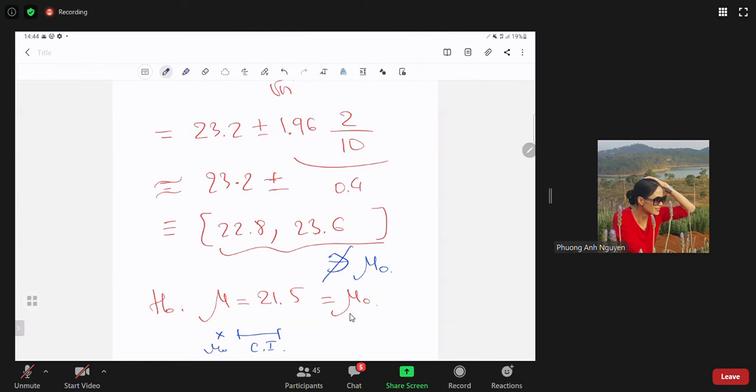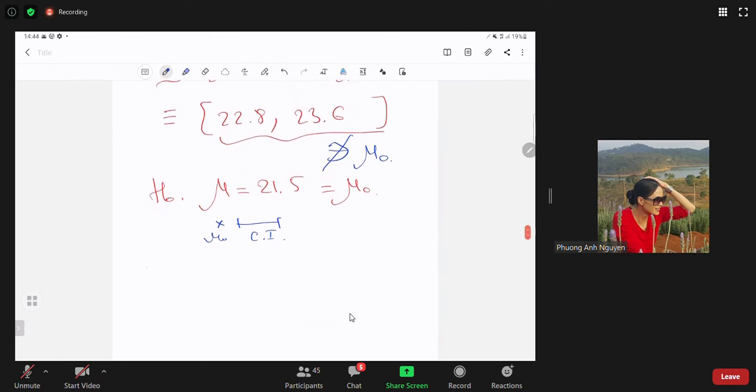So what do you think about the decision? Would you reject or not reject? You reject if this interval doesn't include mu zero.